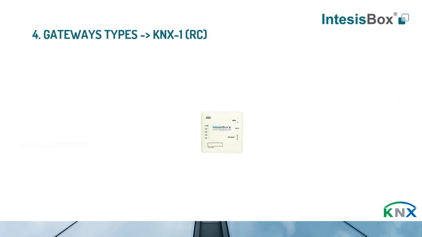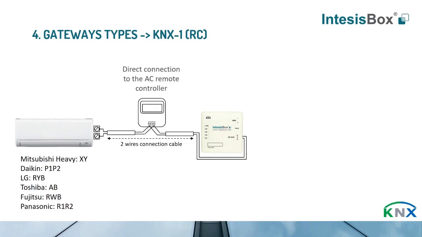As we saw before, we also have the option to have a wired remote control connected to the indoor unit. So we have a solution for this kind of air conditioning system. What we are doing is connecting directly to the AC remote controller, okay?